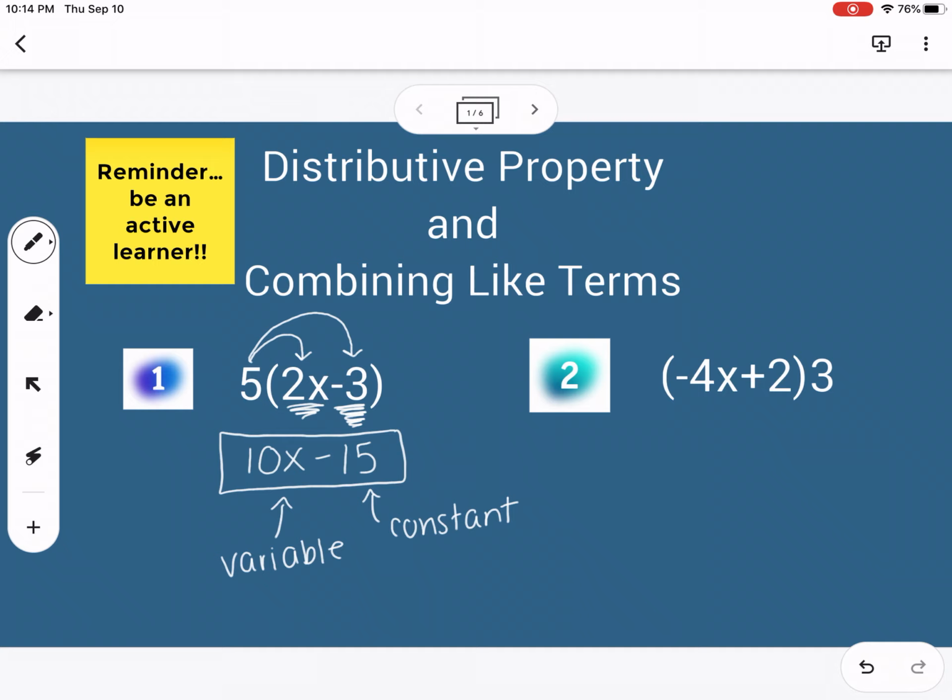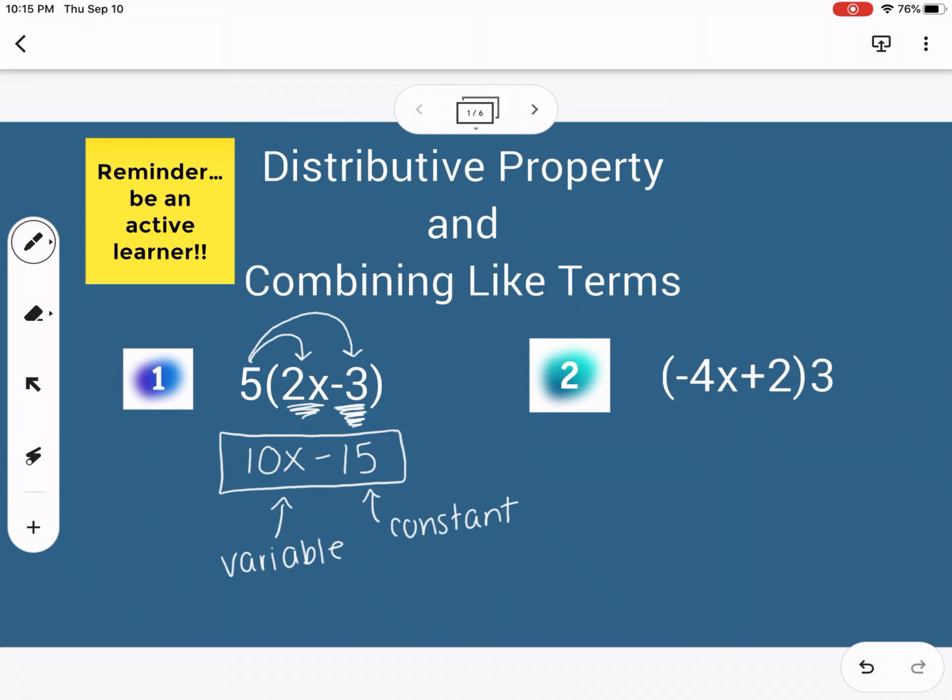Example number 2. See, we have the parentheses. We have a number outside the parentheses again. This time the number is at the back, right? It's at the end of the parentheses. Look at that space in between the 3 and the parentheses. Do you see anything there? No, you do not. So that means that there's an invisible dot there, which is multiplication.